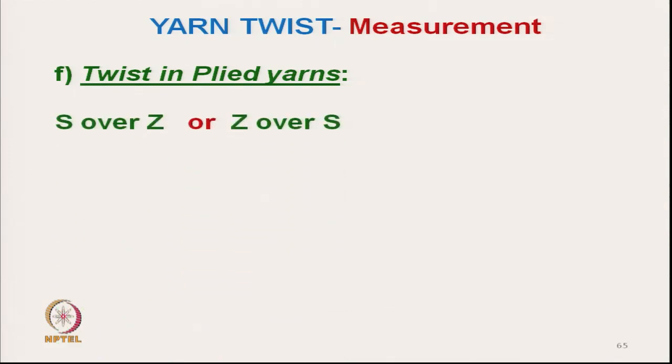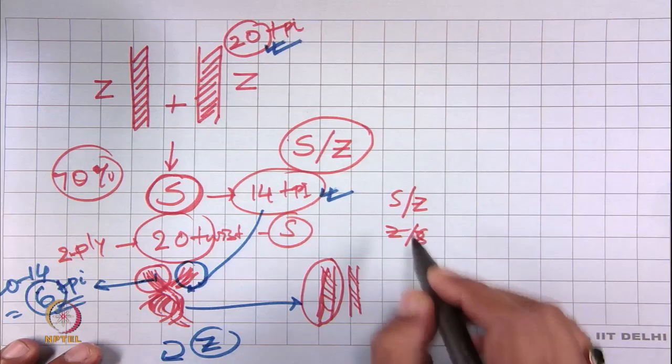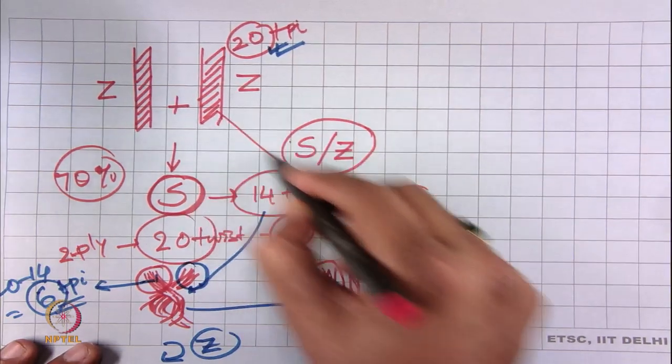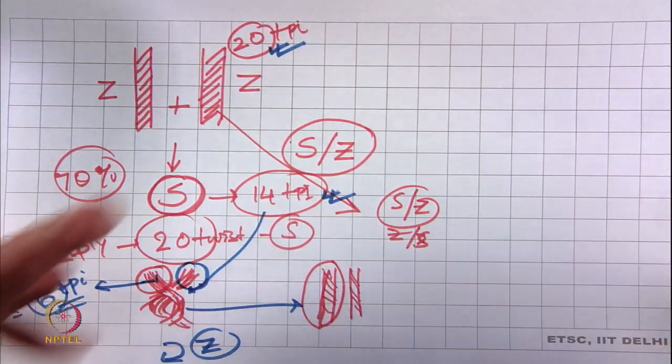Now, there are two types of twists. One is just reverse order twist, which is more common in nature, like S over Z or Z over S, because here the advantage is that the individual yarn twist gets reduced.